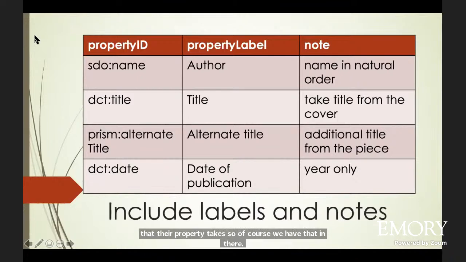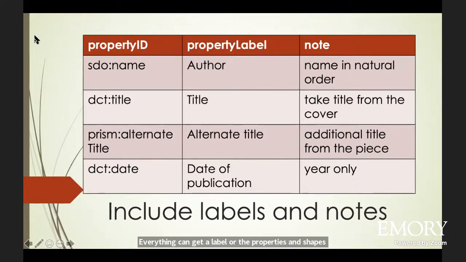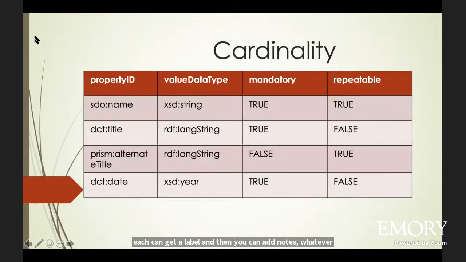Properties and shapes can each get a label, and then you can add notes, whatever notes you want. A key element is cardinality, that you can say that it's mandatory and repeatable. And I know that many people like to use the 0..n type cardinality.